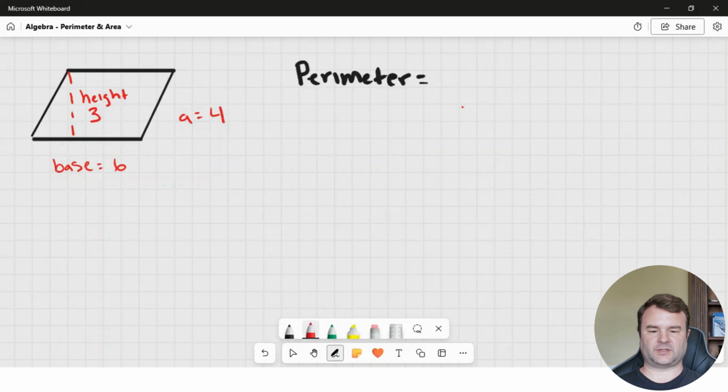So the perimeter is equal to 2 times, and since we're already calling it the base, 2 times the base plus side A. And we said that the base is 6, and the measure of side A is 4.